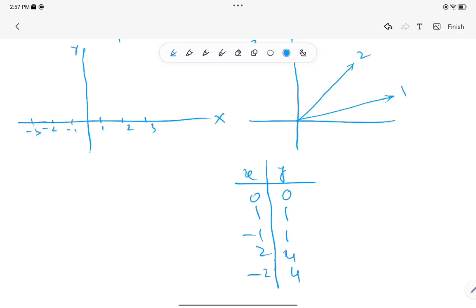And y is 1, 2, 3, 4, 5, 6, etc. Now x0, y0, that is the first point. x1, y1, the second point. x minus 1, y1. x2, y4, and x minus 2, y4. Plot these.